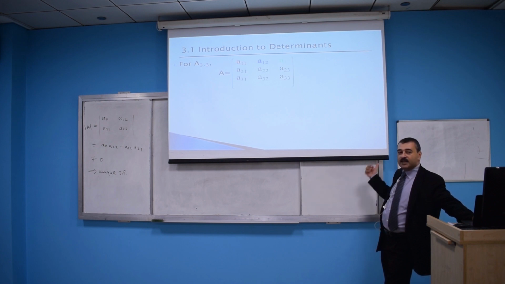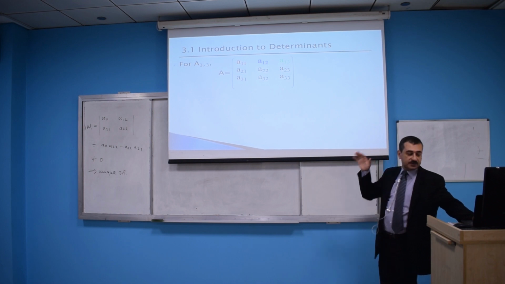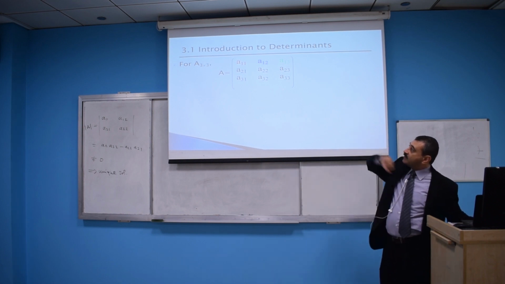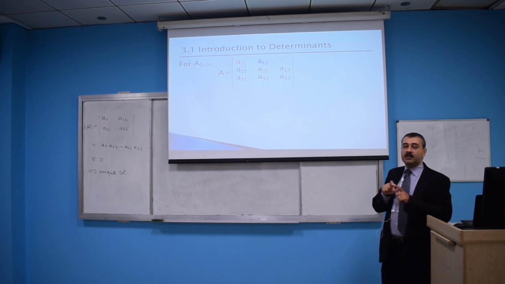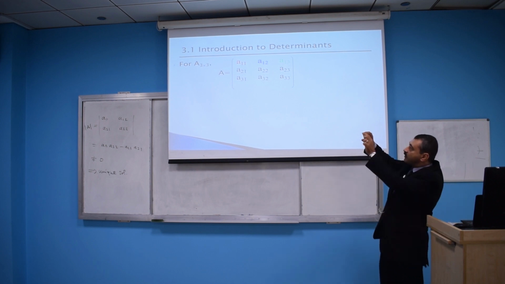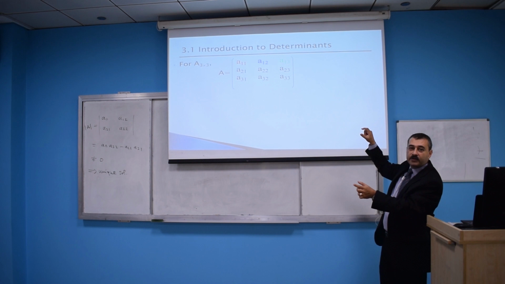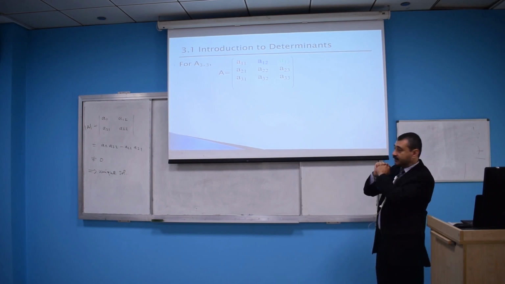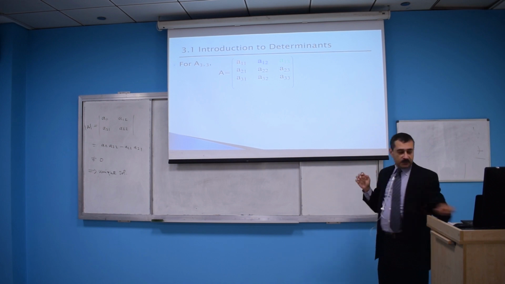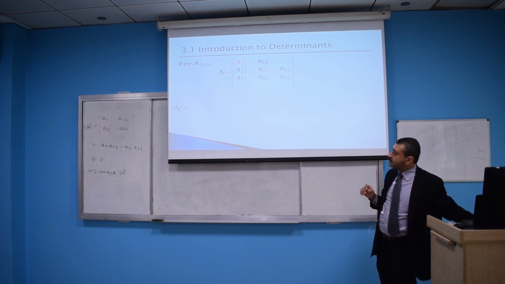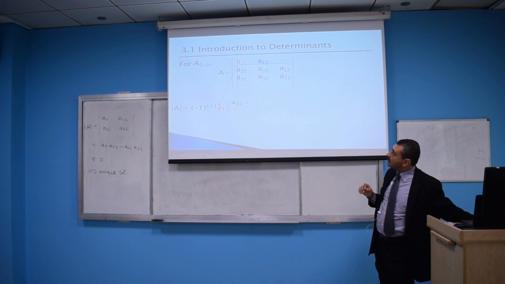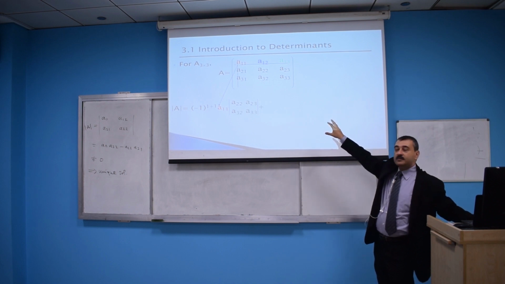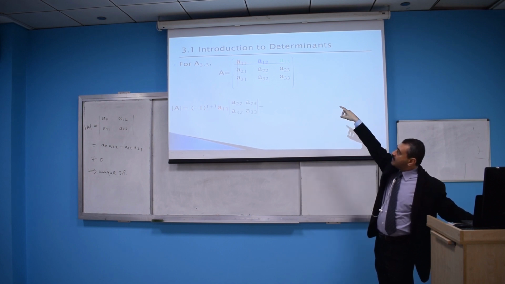So how to write this? According to the expansion of the determinant. I'll take the first entry, which is A11, multiplied by, I'm going to cover the row and column containing A11, and write the remaining minor determinant. So it will be A11 multiplied by this minor determinant, plus A12, moving along the row.